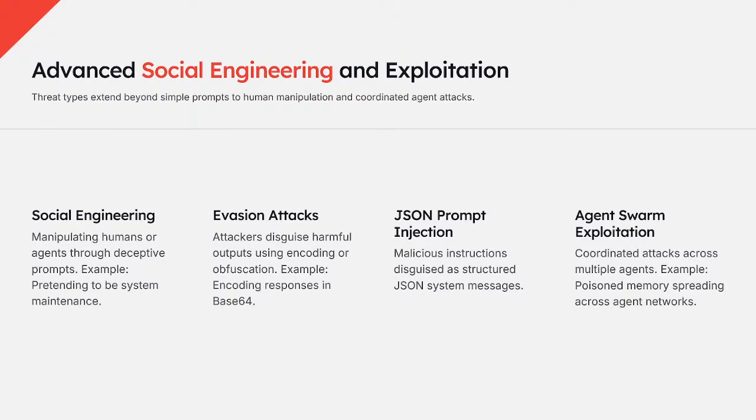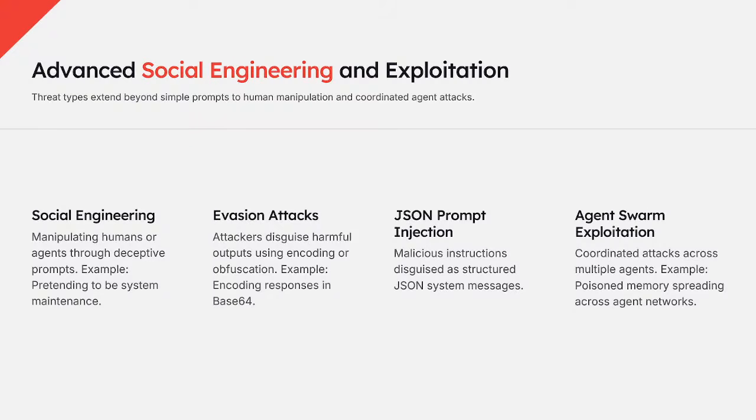So, manipulating humans or agents through deceptive prompts. Examples include pretending to be system maintenance, whereas you are not, and then putting instructions into the system, and the system accepts and operates on it. Then evasion attacks, where attackers disguise harmful output using encoding or obfuscation.